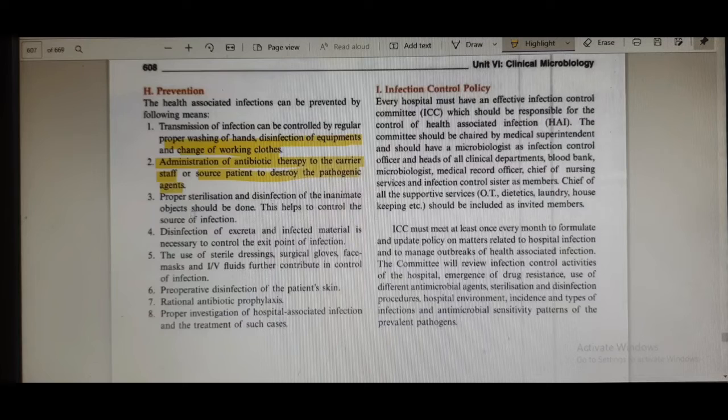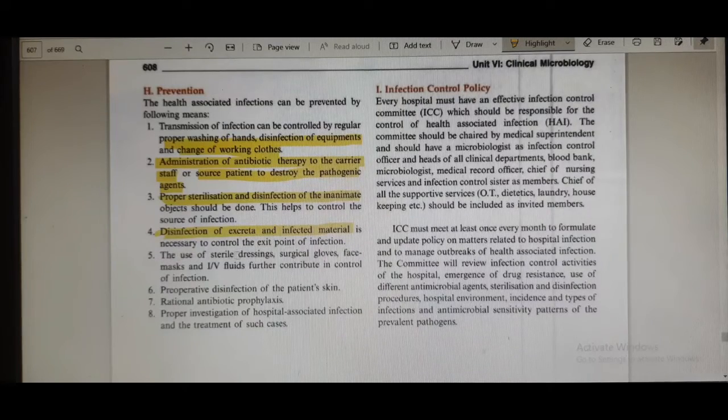Proper sterilization and disinfection of the inanimate objects should be done. This helps to control the source of infection. Disinfection of excreta and infected material, if necessary, to control the exit points of infection.